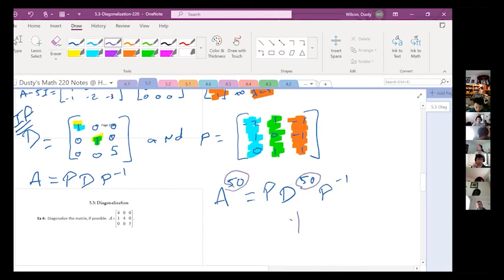And it's very easy to calculate D to the 50th. That would just be 1 to the 50th, which is 1, 1 to the 50th, which is 1, and then 5 to the 50th, which is a number that's so big we don't want to write it down. Whereas A to the 50th would be computationally hard to crunch.